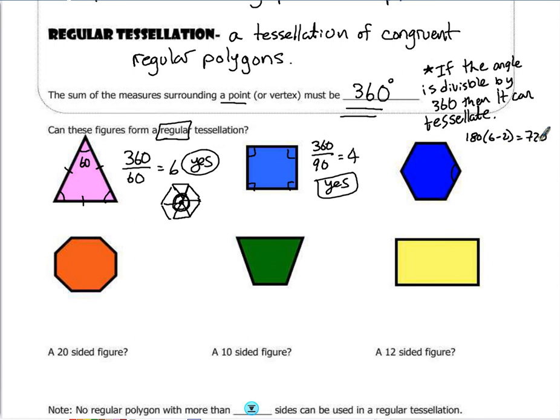And since there's 6 sides, when I divide that by 6, each interior angle is going to be 120 degrees. So then 360 is divisible by that interior angle of 120, and it divides out to 3, so yes, a regular hexagon can tessellate regularly.